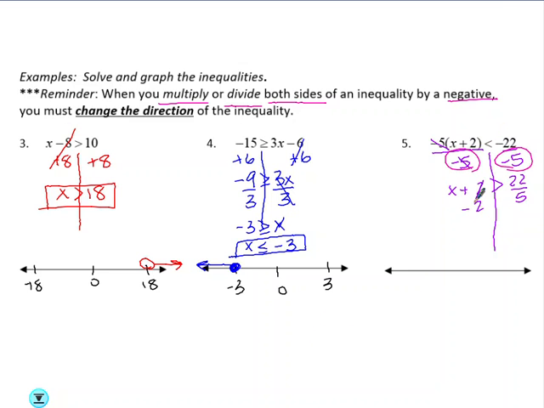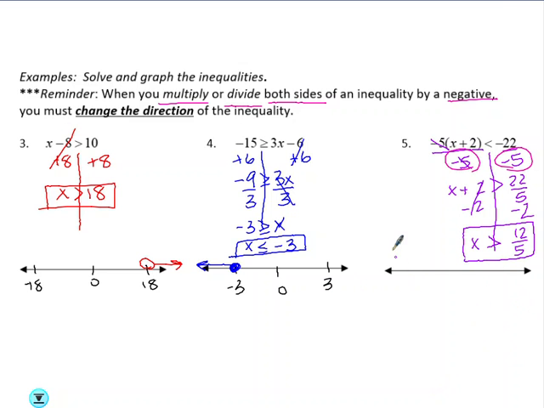Then I'm going to subtract 2 from both sides. And you might need a calculator to help you with this subtraction, but you get 12 over 5. So x is greater than 12 over 5.